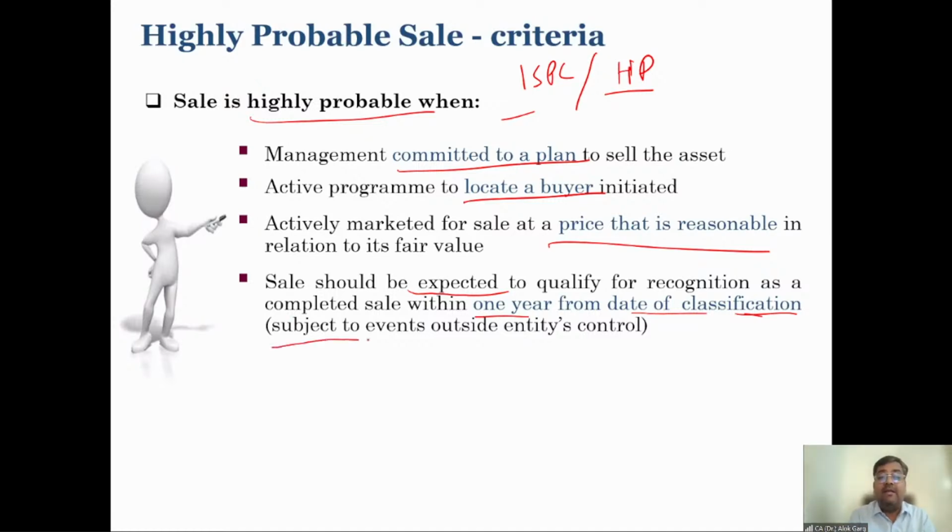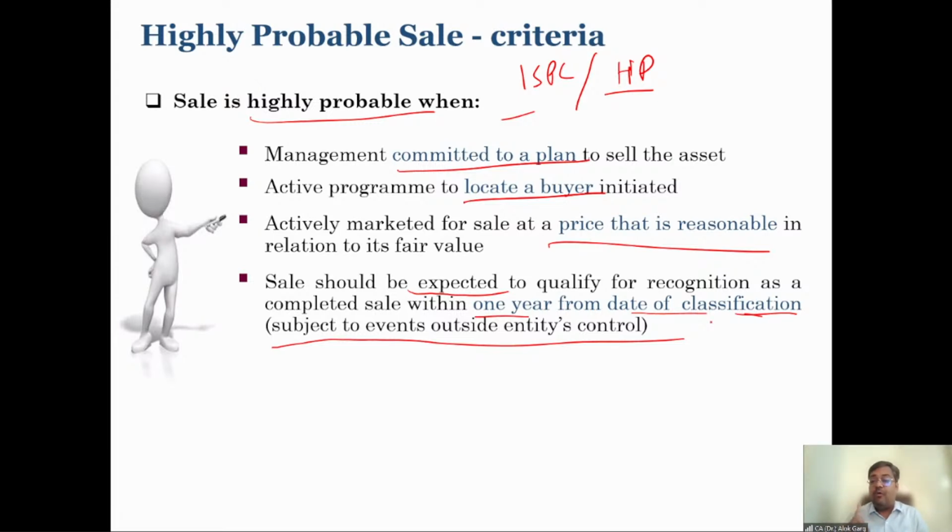It is also written that subject to events outside the entity's control, right? Everything was there. In between COVID came and there was a lockdown for 5 months. So this is an exceptional criteria. This is an exception, right? If due to events outside the entity's control, the sale has not been completed even within 1 year, it will still continue to be shown as held for sale, right?